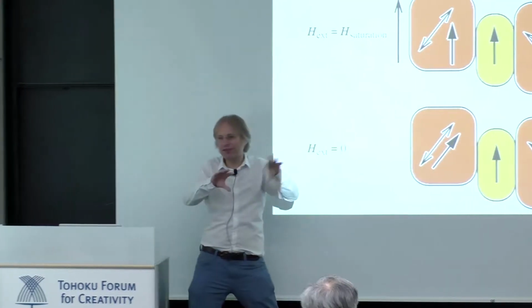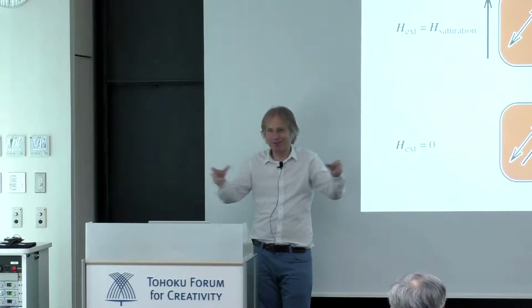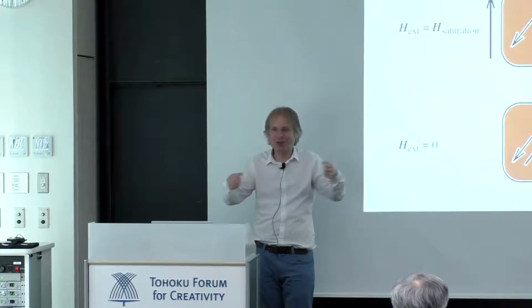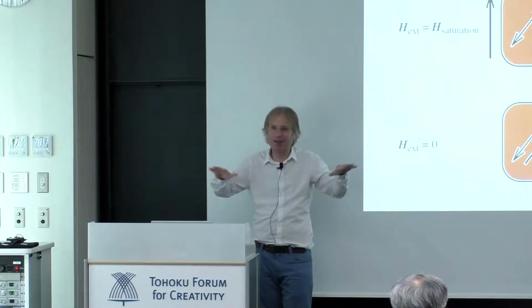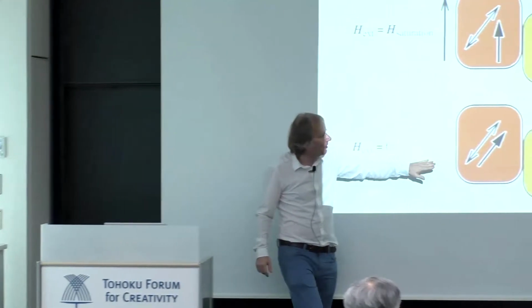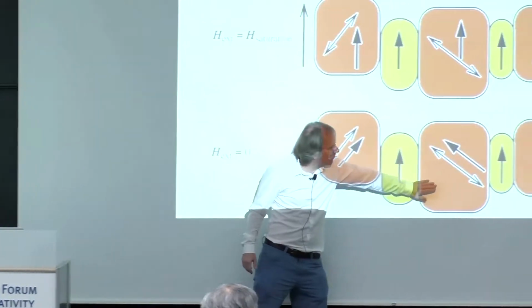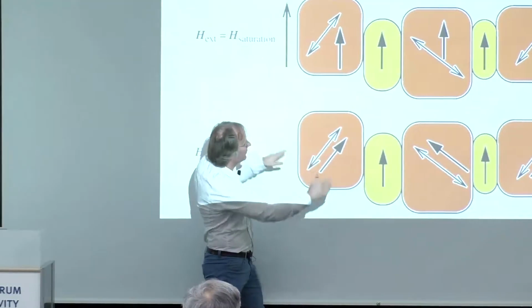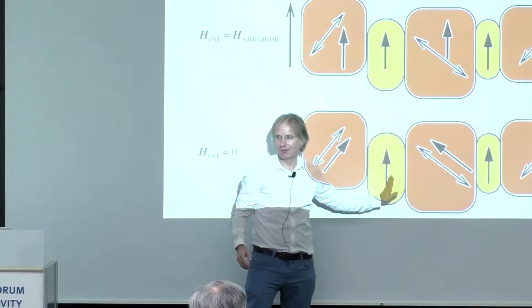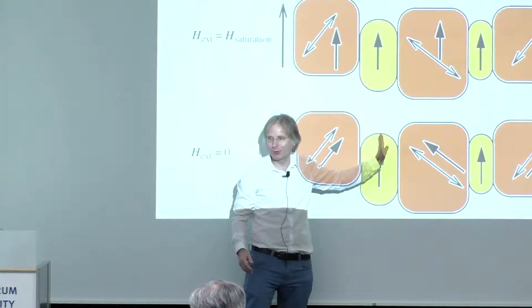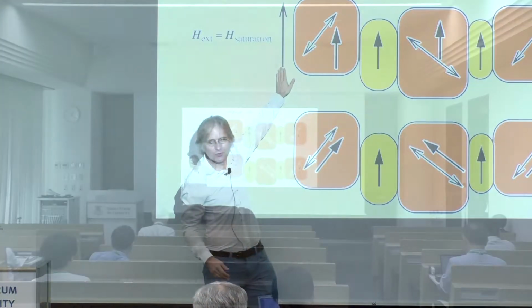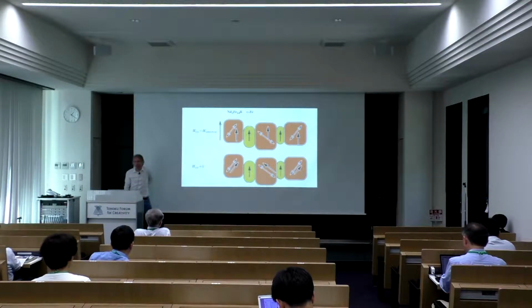But because these grains are exchange coupled and the exchange interaction smooths out local deviations, in between the two hard magnetic grains, which are pointing like this, the soft magnetic grain is still pointing up towards the original saturation direction, and we have a much higher remanence.